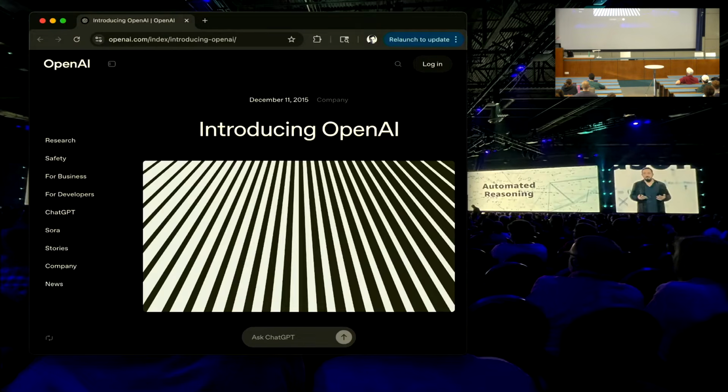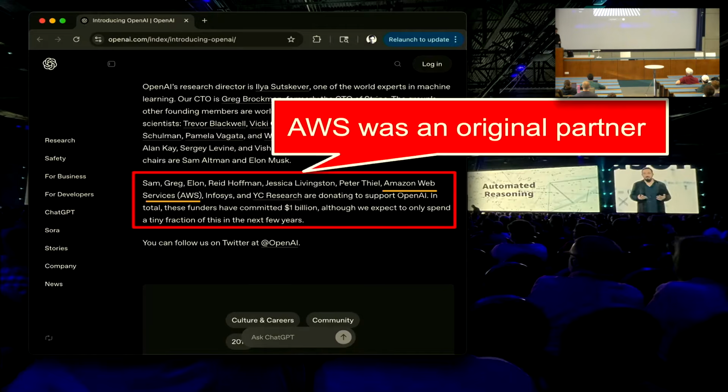Simultaneously, OpenAI announced themselves December 11th of 2015, right? And AWS was actually an original partner with that. AWS was very interested in this idea of the transformer models and what could be done. And so we were excited to see what this organization could do. So we invested a bunch of money in compute.